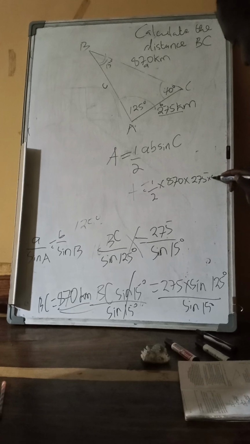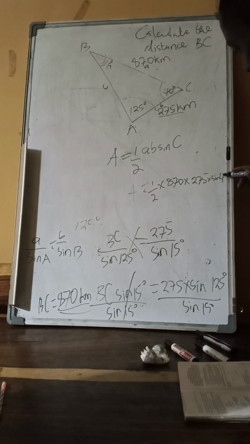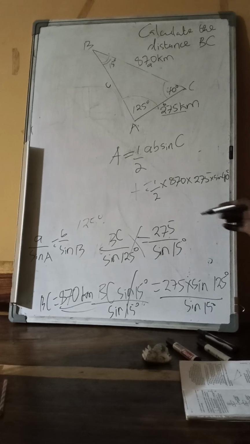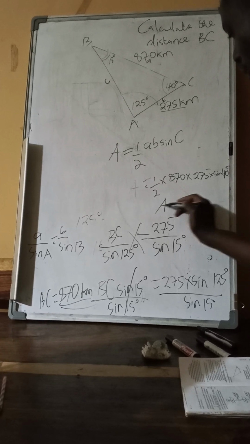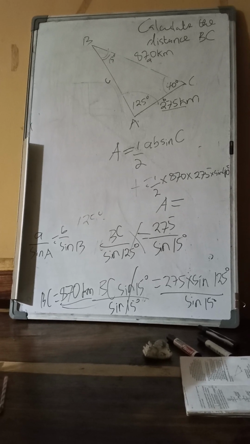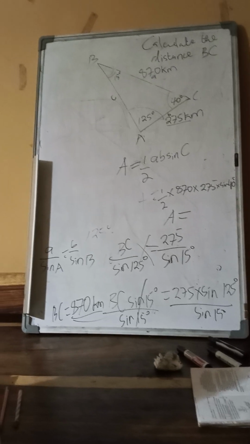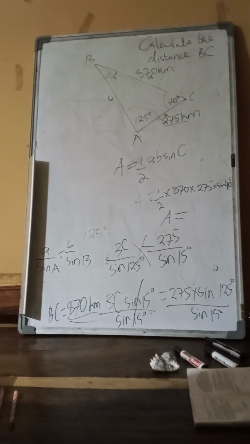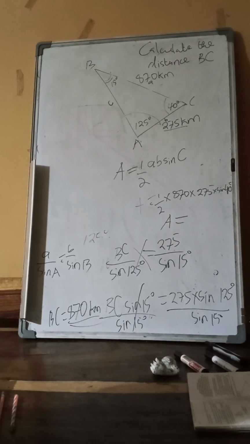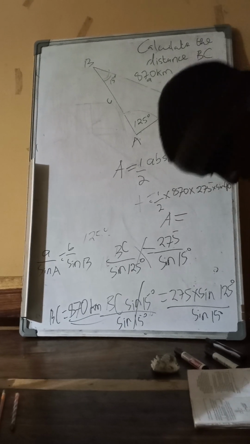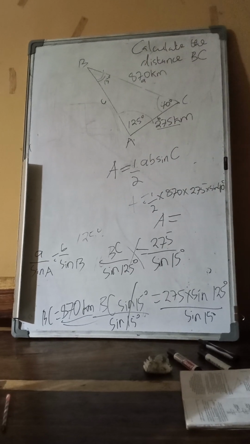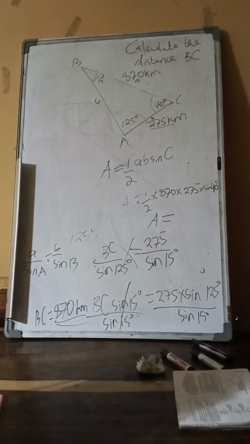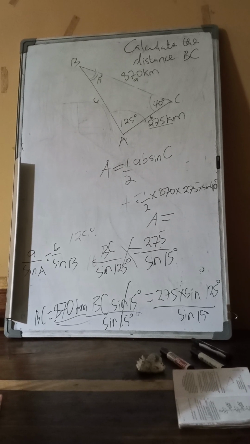What do you get? So area is 1 over 2 times 870 times 275 times sine 40.